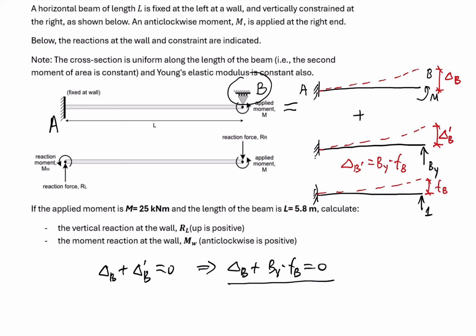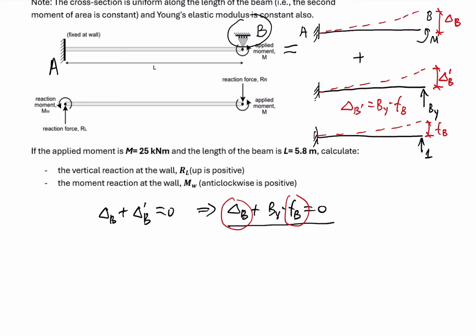So how to solve By? First of all, we need to know the result of delta B and the value of Fb. How to get delta B? If we use the virtual work method, we need to solve delta B. First of all, we need to build up the real system.